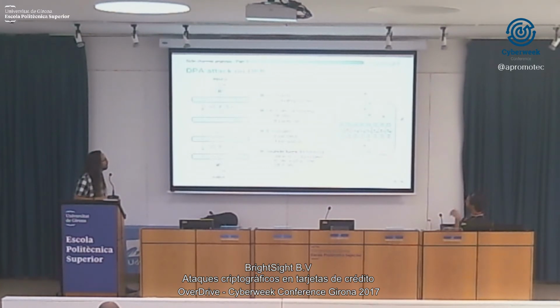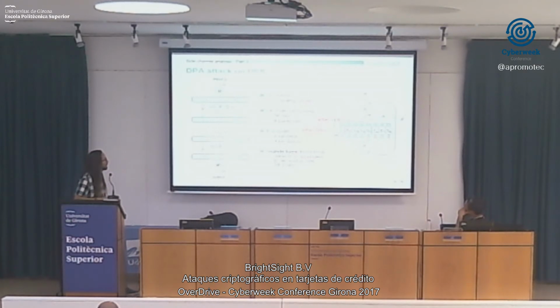And we will focus the attack, for instance, here, after this operation. The input is known. We can calculate the input till this point. And at this point, we can perform guesses of the key and perform the DPA.